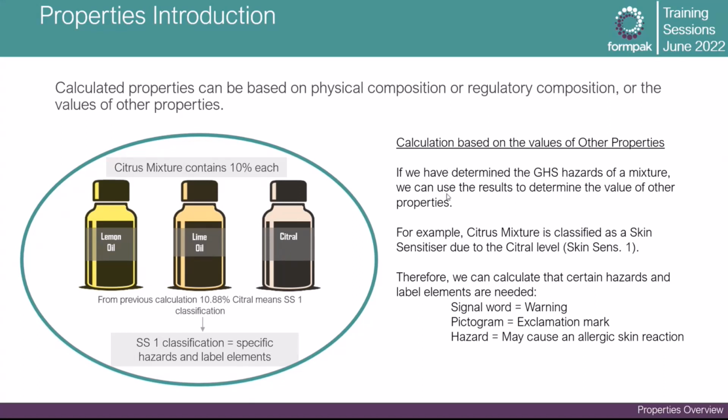So if we've determined this formulation is classified as a skin sensitizer because of the citral level, that skin sensitizer endpoint as a regulatory calculation can be used to say, okay, if that criteria is met, that means we need the signal word warning, the pictogram exclamation mark, and also the hazard statement may cause an allergic skin reaction. So from one property calculation, you can determine the value of other properties.